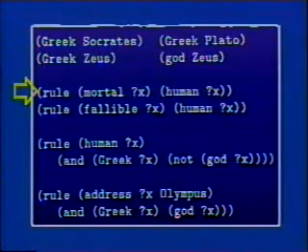To show that something is mortal, it's enough to show that it's human. All humans are fallible. And all Greeks are humans, not quite right. This says that all Greeks who are not gods are human. So to show something's human, it's enough to show it's a Greek and not a god. And the address of any Greek god is Mount Olympus. Right? So there's a little classical logic database.